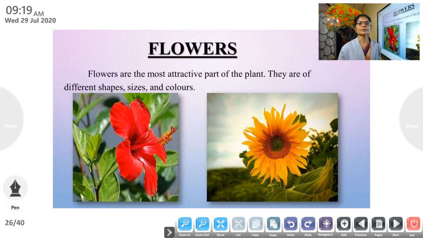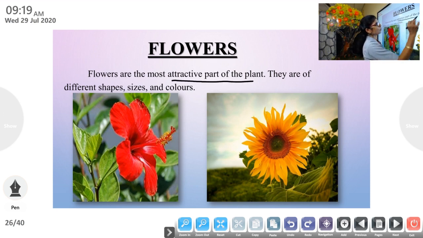Then next we move to flowers. We know that flowers are the most attractive part of the plant.